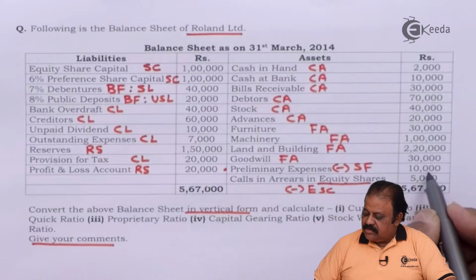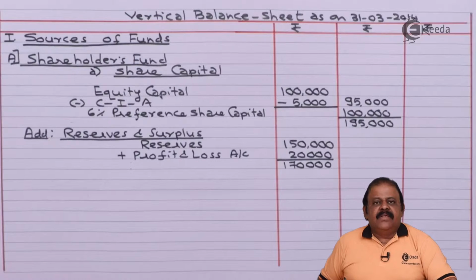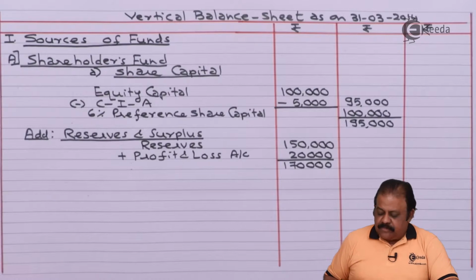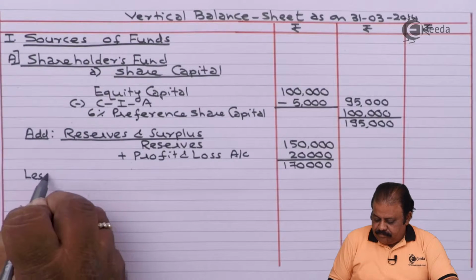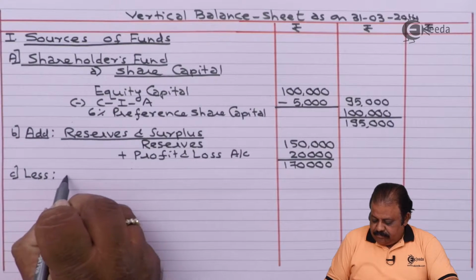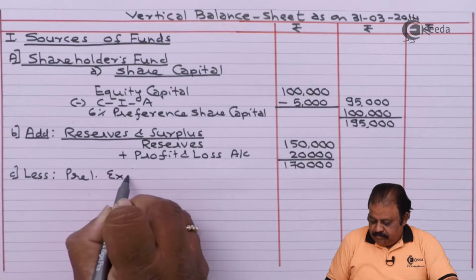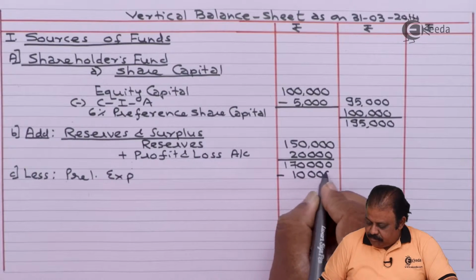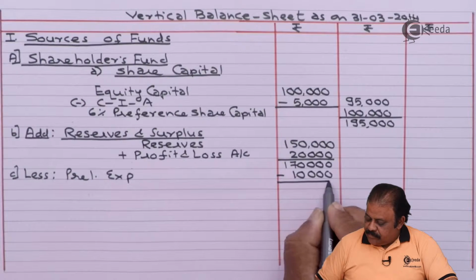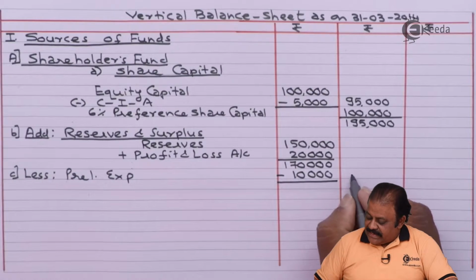Preliminary expenses 10,000. Preliminary expenses, fictitious assets, will be deducted from reserves. Less preliminary expenses 10,000. So it will be 1,60,000.